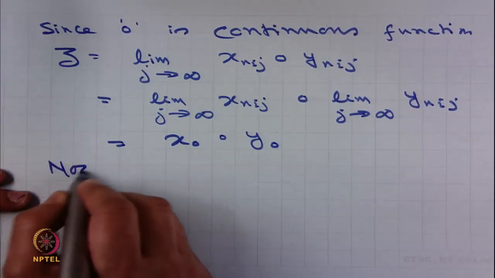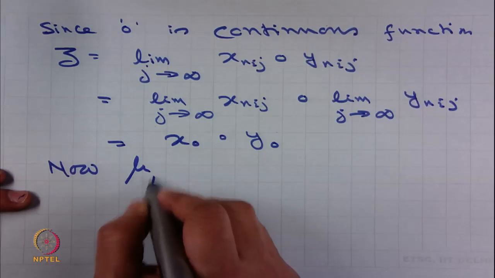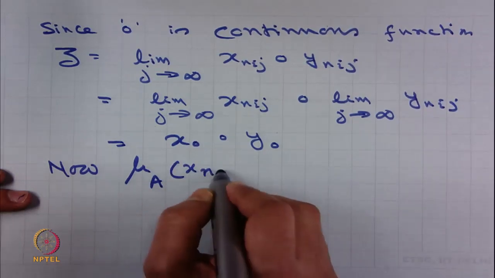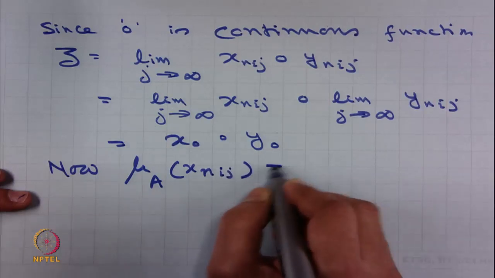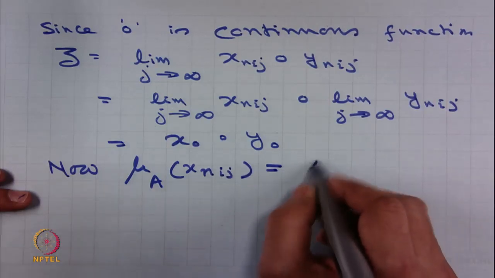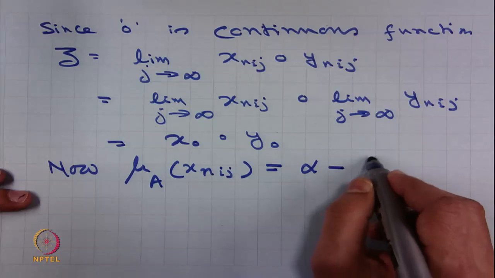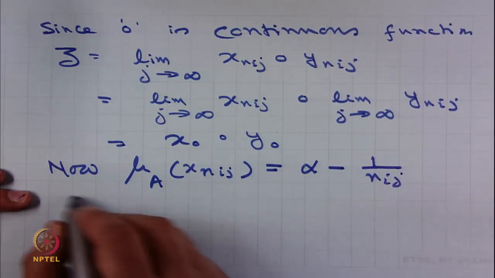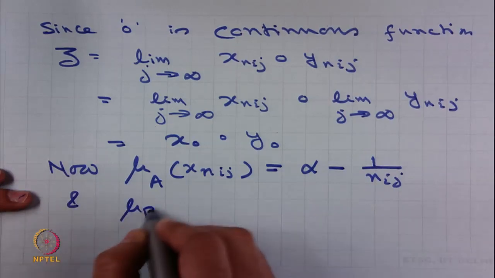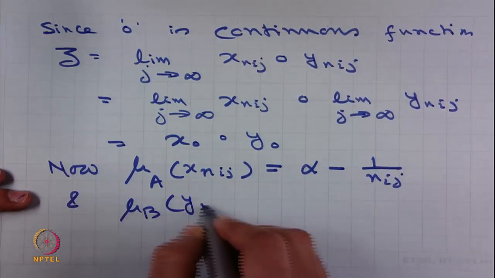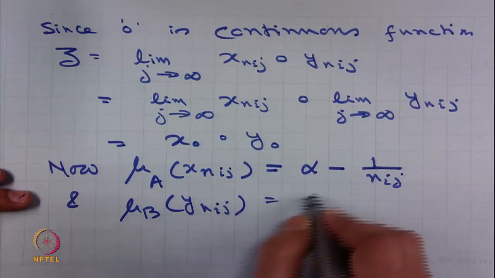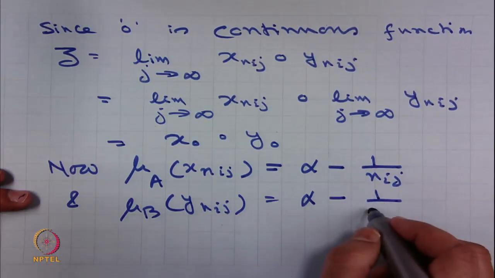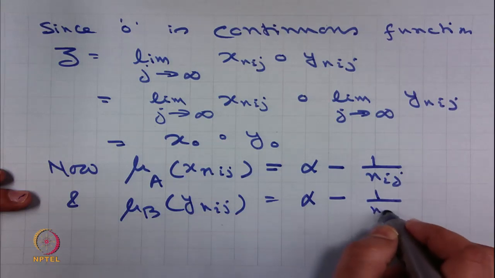Now, mu a of x n i j is equal to alpha minus 1 upon n i j, and mu b of y n i j is equal to alpha minus 1 upon n i j.